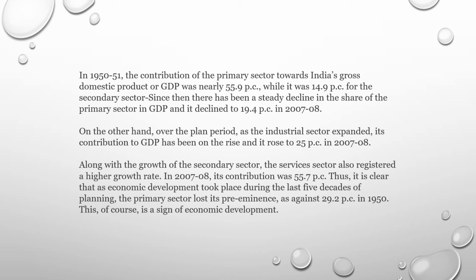Since then, there has been a steady decline in the share of the primary sector in the GDP, and it declined to 19.4% in 2007-8. We have seen that up to 1991 agricultural sector was dominant in our economy, but after that the total scenario has changed.